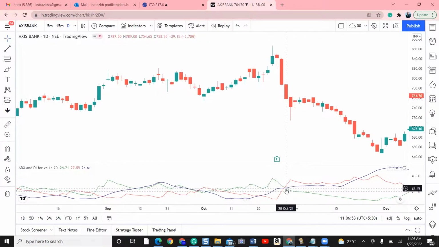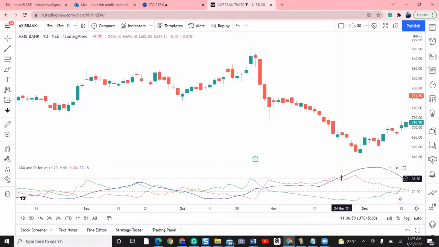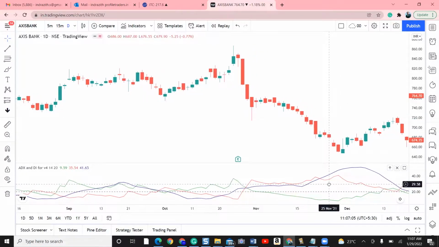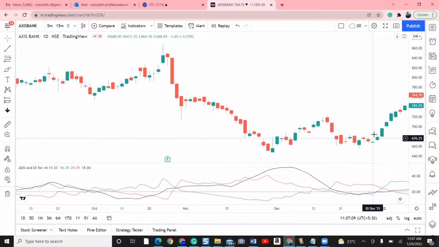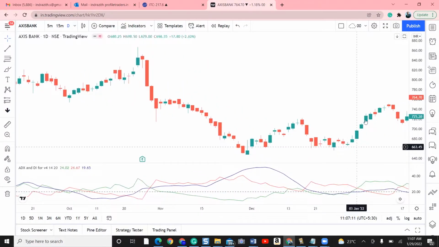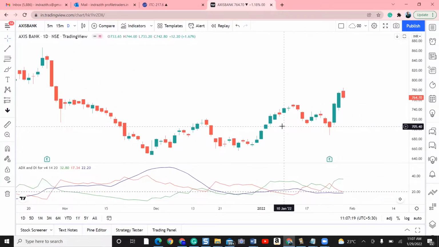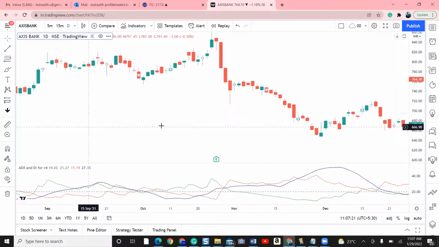So this indicates the bears are controlling the market. Until the ADX line stays above 20 and the red line stays above the green line, it indicates the strength of the bears. Can you see it is still bears in control, but here the bulls started controlling, at least in this part. Can you see it went up? ADX also went a little above 20. Then again, the price movement depends. So this is one example.